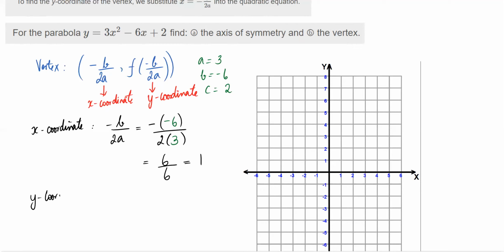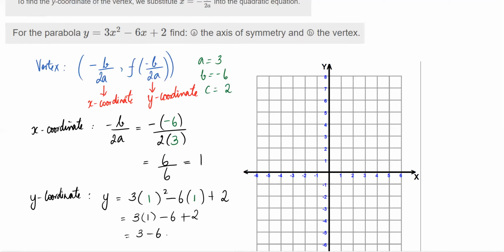And so to find the y coordinate, just like we've done before, you take this x value, plug it in your equation. So y is 3 times x squared minus 6x plus 2 is the equation. And in the equation, you're going to plug in 1 that you just got from x coordinate. Okay, 3 times 1 squared is 1, minus 6 plus 2.